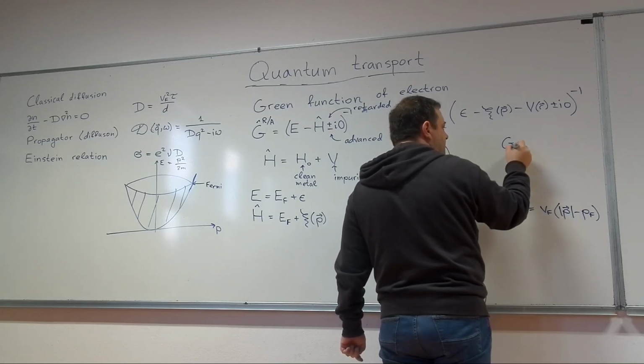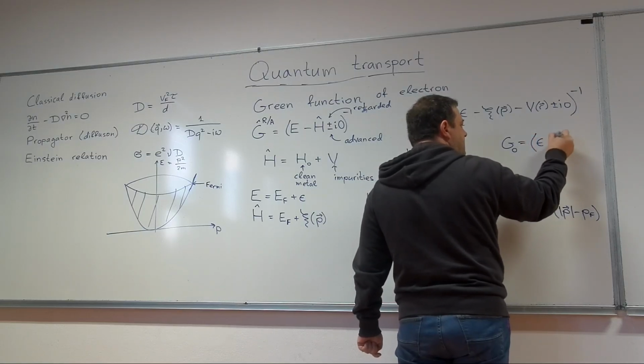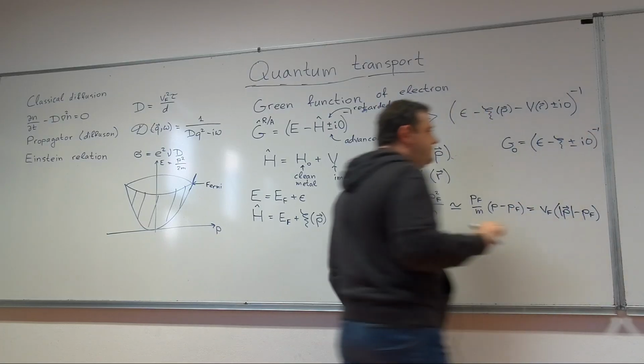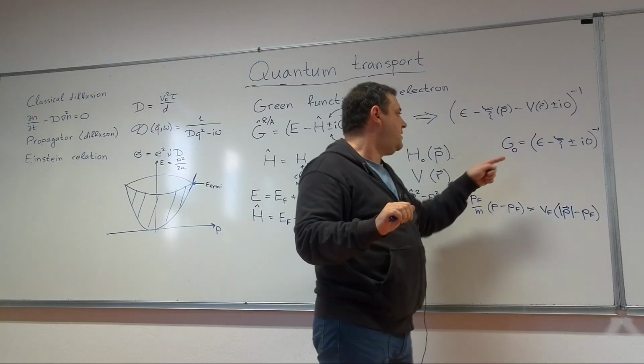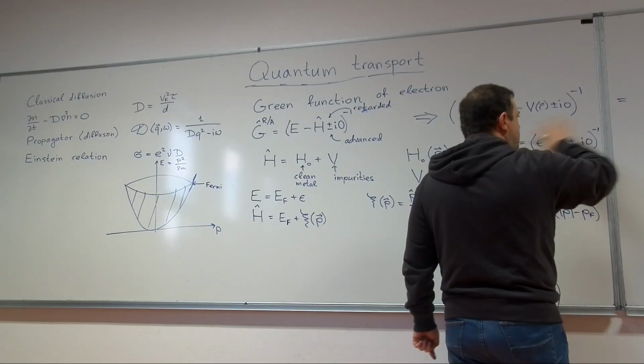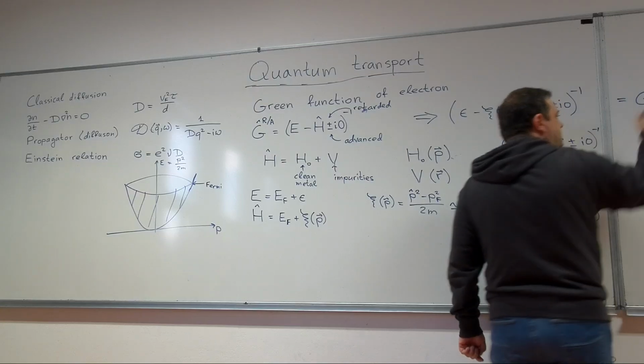It's called the clean green function, G0, (epsilon minus psi plus or minus i0) inverse, just this, without V. If we expand this object in a series, the first term is just G0.